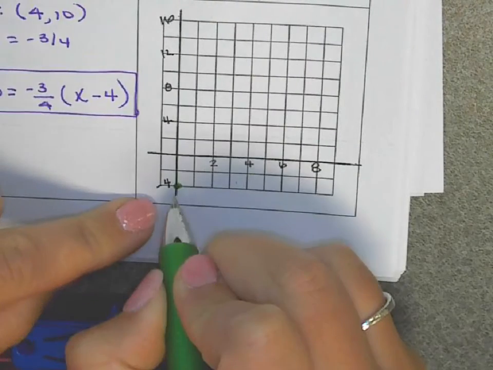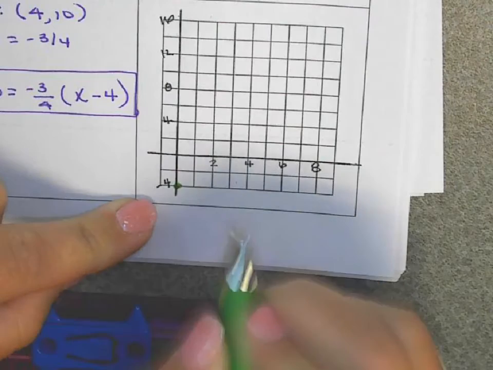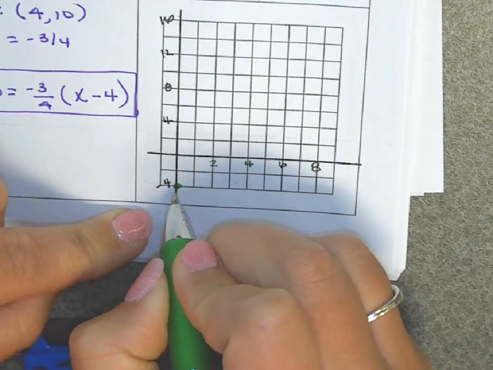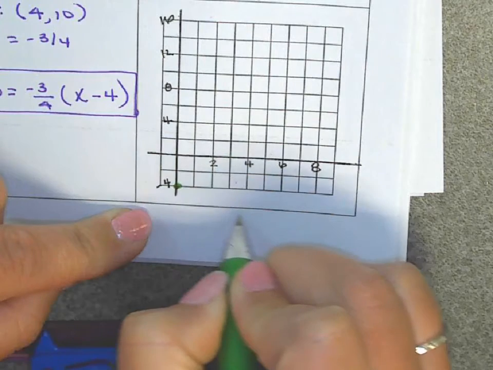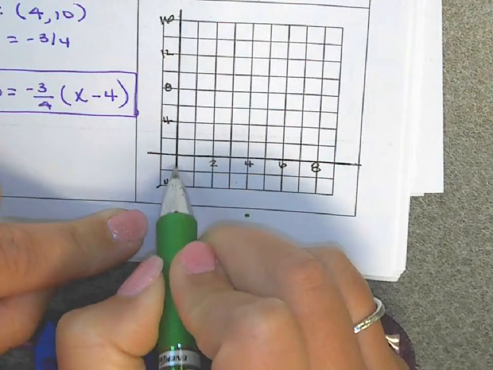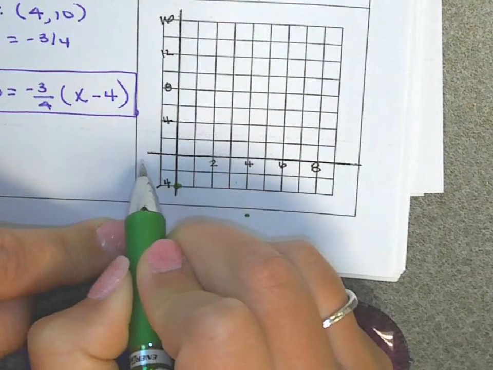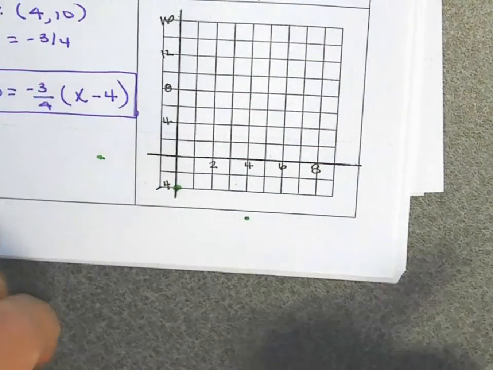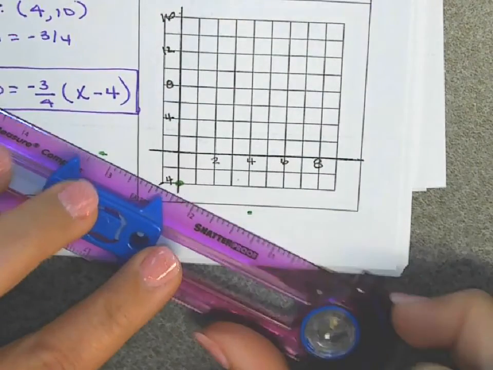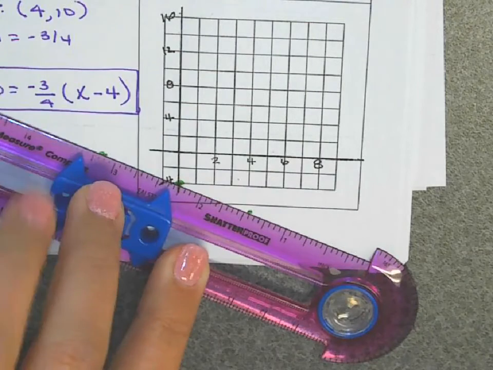And then it's going down 3, right 4. So let's see. Down 3 would be like here. Over 4 would be like here, up 3, I don't know, somewhere over here. So this is ish what this would look like, even though it's off my graph. So that's the original equation, okay?